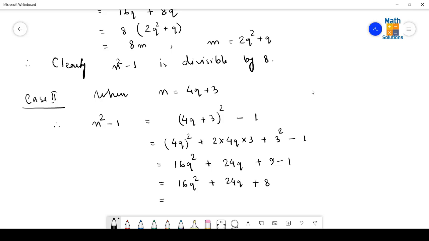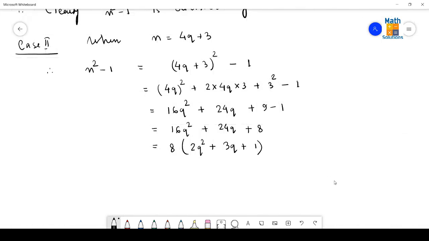So can I take common 8 here from all these three parts? So I can write here 2q square plus 3q plus 1, which further gives us the form 8m, where m is equal to 2q square plus 3q plus 1.